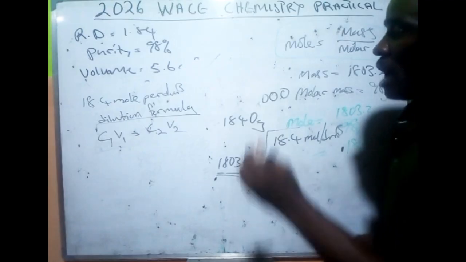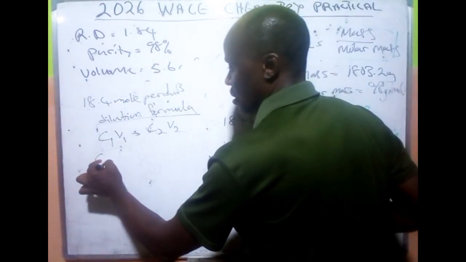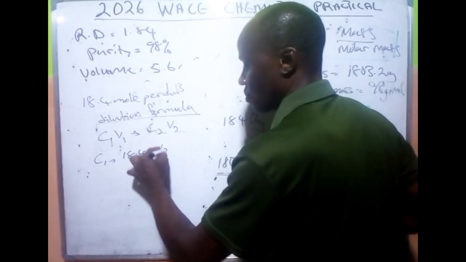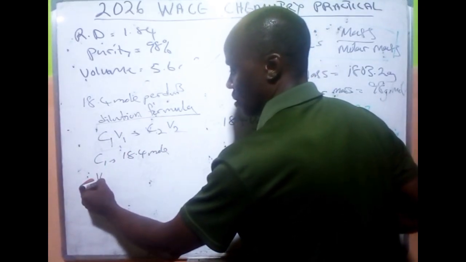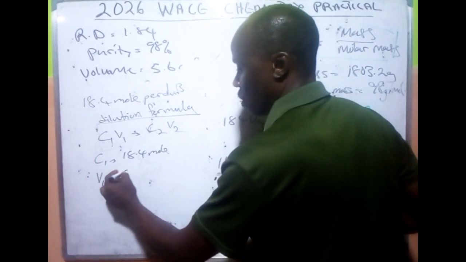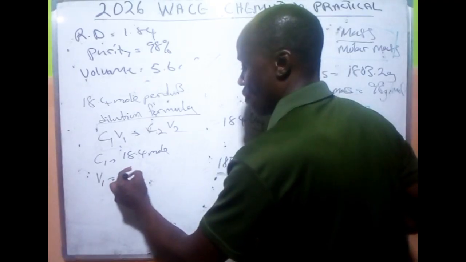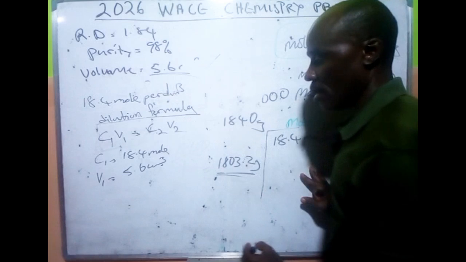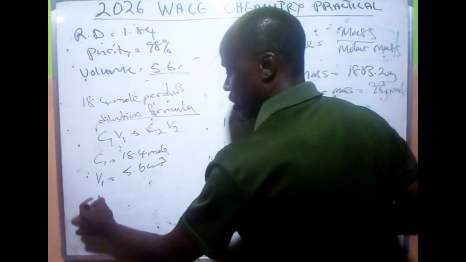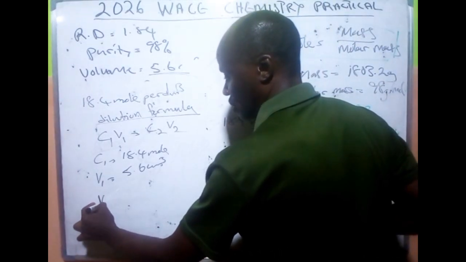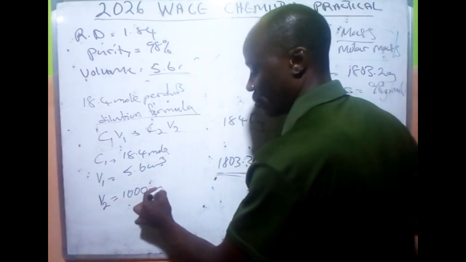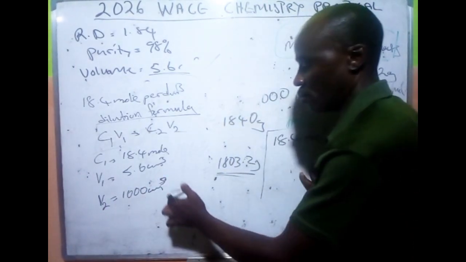So from here, our C1 now is 18.4 moles, and then our V1 is what? 5.6 cm cube. This one we have here, and then the volume we need, because we need to convert it. The V2 is the volume we need, which we need to convert to what? 1000 cm cube. We need to dilute it to 1000 cm cube.